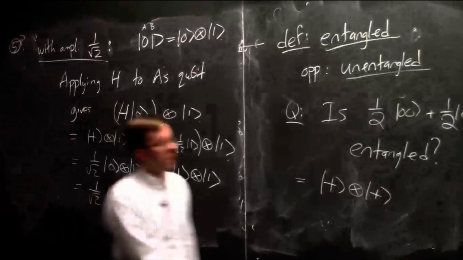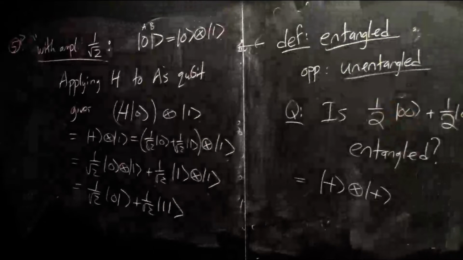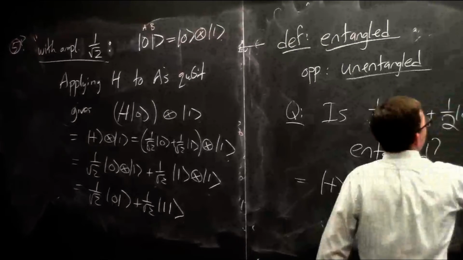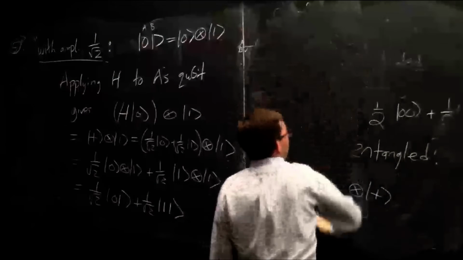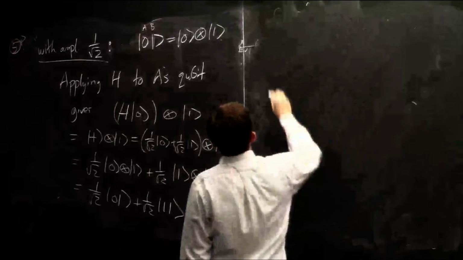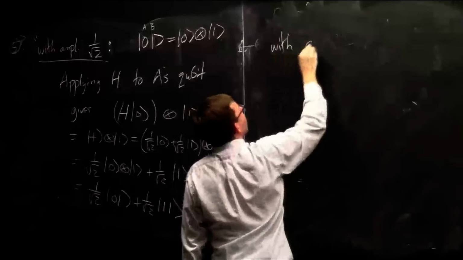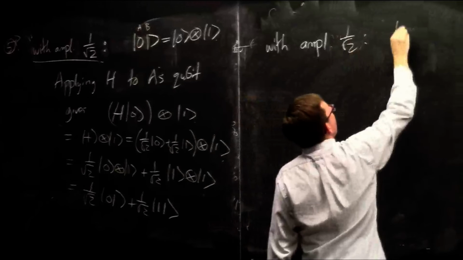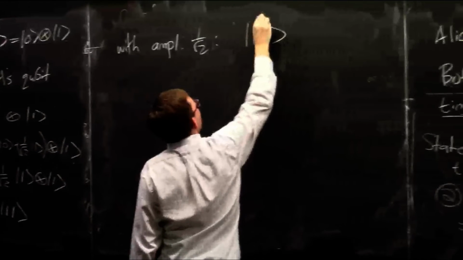So we took care of this part. But there's a 1 over root 2 amplitude that it was 1, 0. It's 1, 0. And again, this is Alice's part. This is Bob's part.